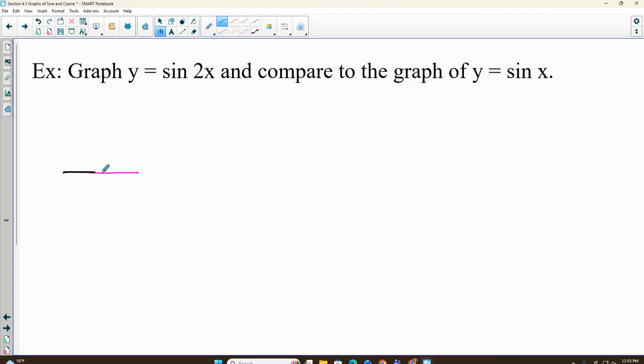So if I said graph y equals sine of 2x. If I start with my normal points, 0, pi over 2, pi, 3 pi over 2, and 2 pi.